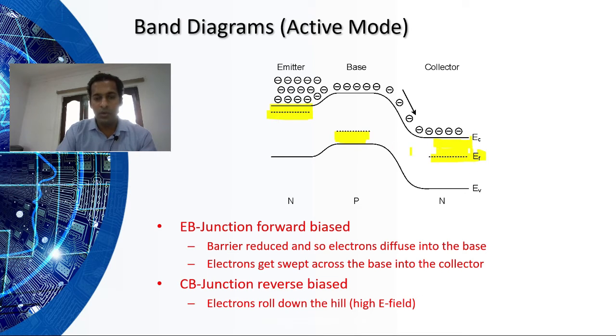So this you have to remember. What is the active region? In the active region, the input side should be forward biased, and the output side should be reverse biased. The input side is emitter-base, the output side is collector-base. I hope the energy band diagrams are simple to remember. Everyone shall remember energy band diagrams very properly. It is a very important concept.